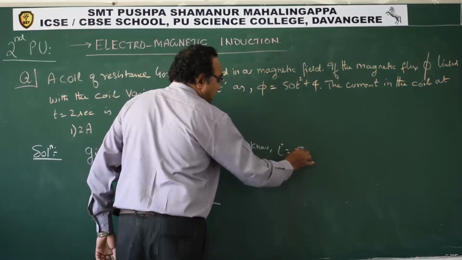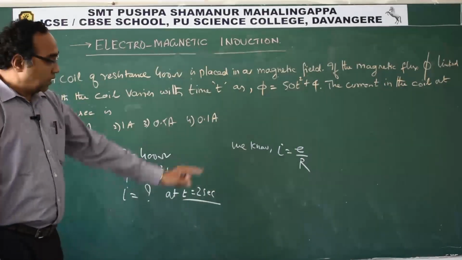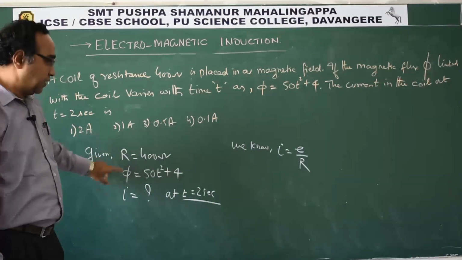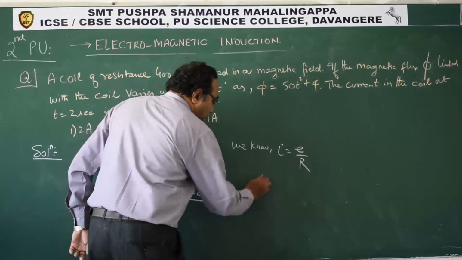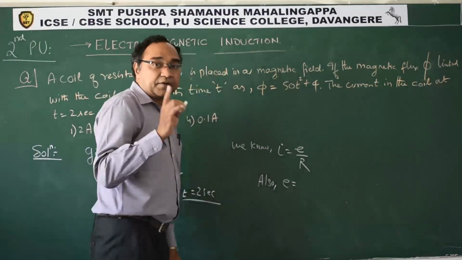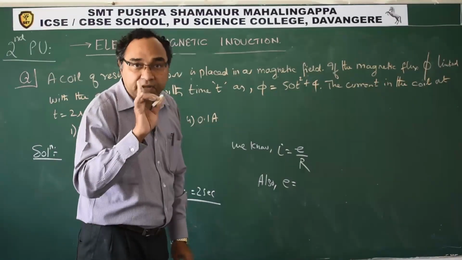This is what. Now we know current I will be E by R. This is from Ohm's law. R is known to us. So our aim is to find E. Also, E is what? If I take magnitude of induced EMF, I am not considering the direction.